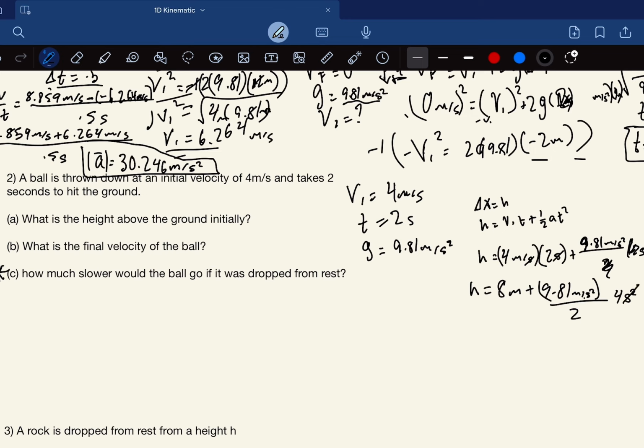So the seconds squared cancel out, and we are left with h equals 8 plus 2 times 9.81, which gives us the answer h equals 27.62 meters.